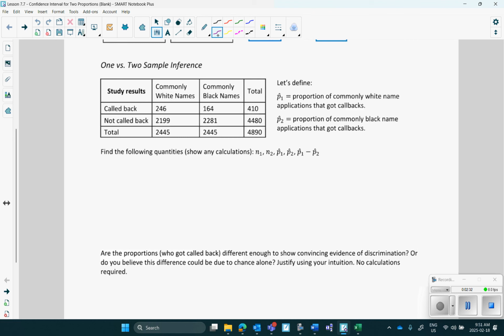We're going to let p hat 1 be the proportion of commonly white names that got callbacks. p hat 2 is the proportion of commonly black name applications that got callbacks. And we want to find n1. Well, n1 is the total number of commonly white name resumes that were sent out, which is 2,445. n2, the same amount of resumes were sent out for a commonly black name.